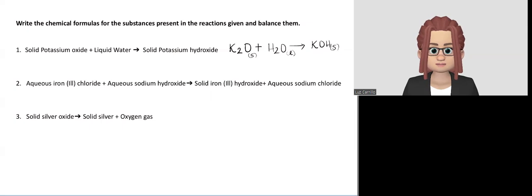So if I make my table to understand what specifically I have here, I have potassium, oxygen, and hydrogen, and in the reactant versus the product, this is the atom count.